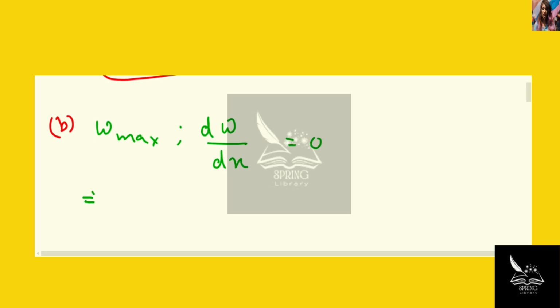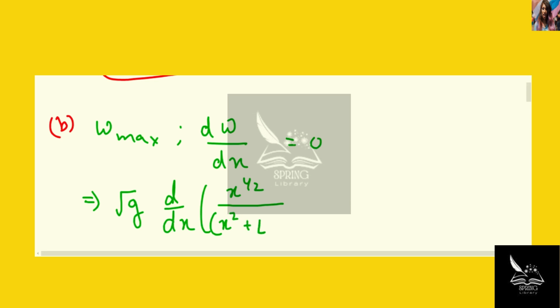This means that root of g, d of dx, x raised to half upon x square plus L square upon 12 raised to half equal to 0. This is the case. Only then will our omega be maximum.